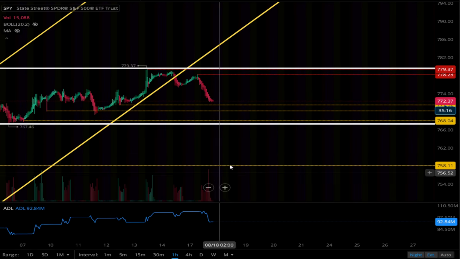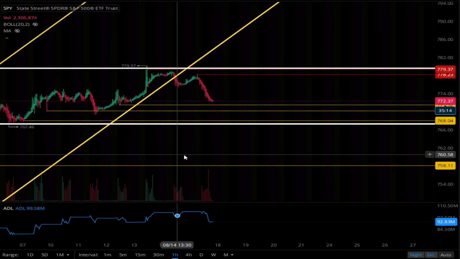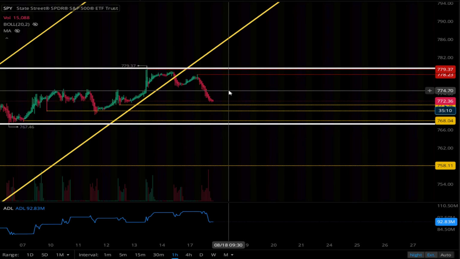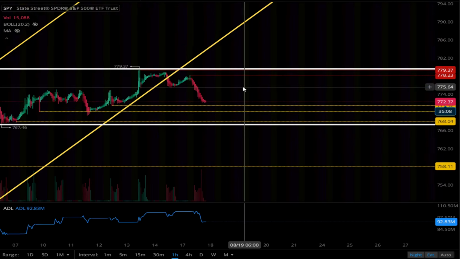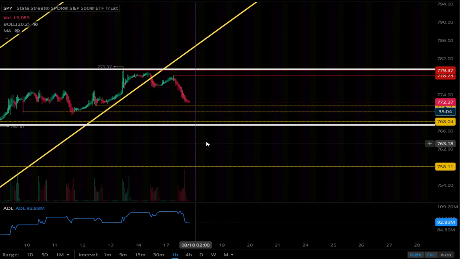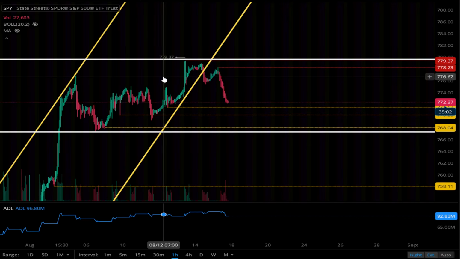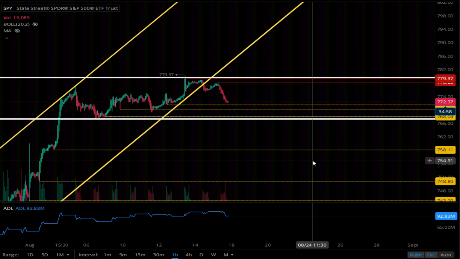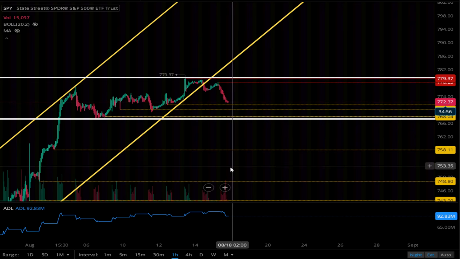We don't really have a lot of data this week to support any major shifts in the CME expectations of the rate hikes and the rate pauses. We don't have any major earnings, and so all we have below us really is support to retest. So that's what I'm expecting. I'm expecting some downside at this point.